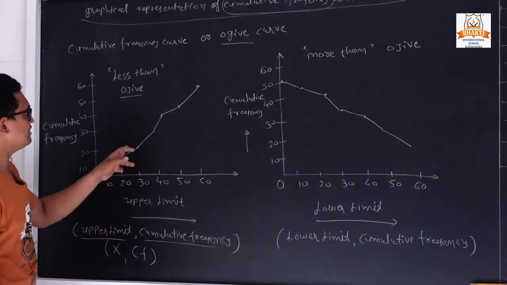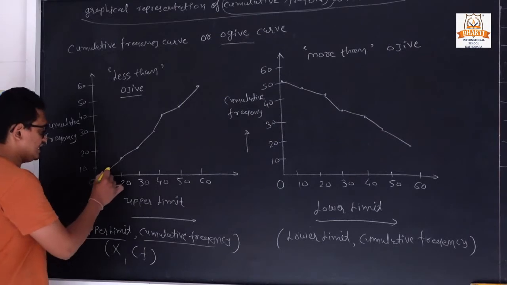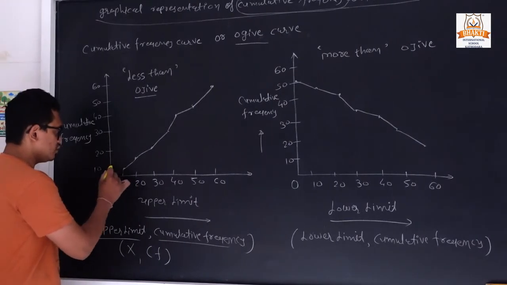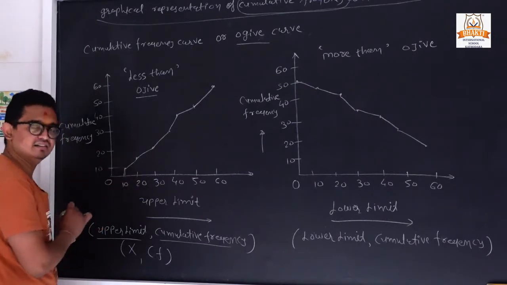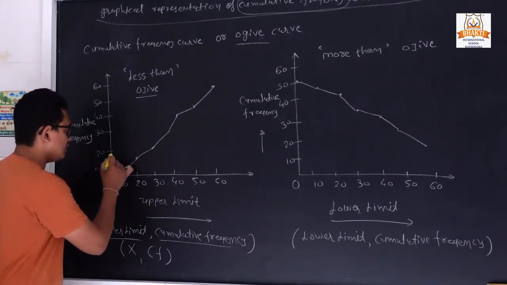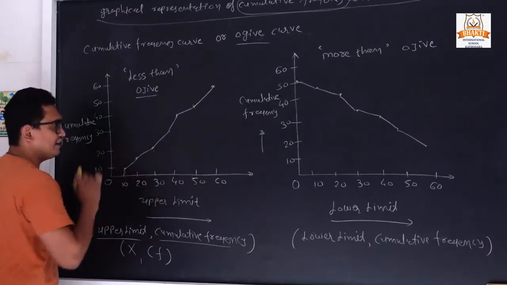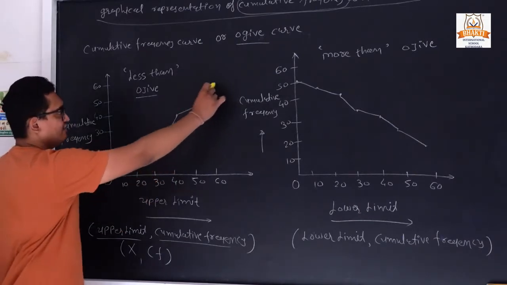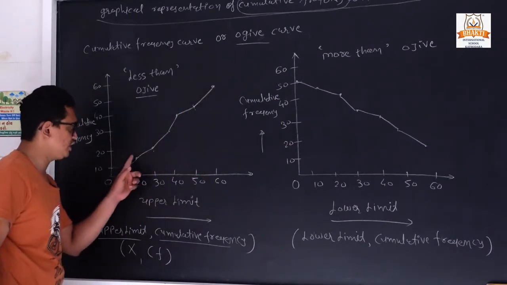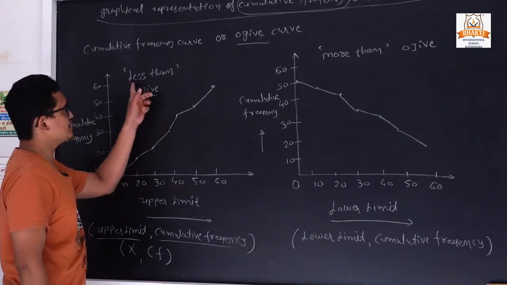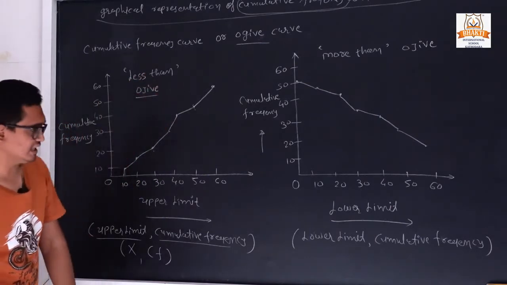Here I am taking one example. If the upper limit is 10, CF is also 10, so both match here. The first coordinate is 10, 10. Then the second is 20, 18. Clear? Then 30, 25, and similarly like that. We can plot all the points on our graph and then join them. This is called the less than type ogive.